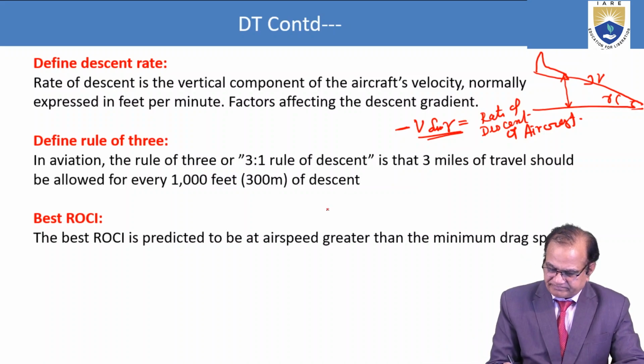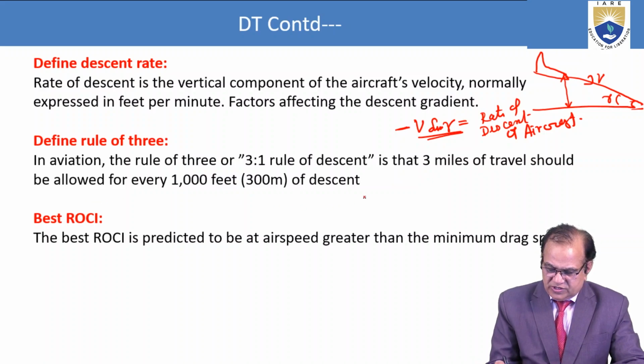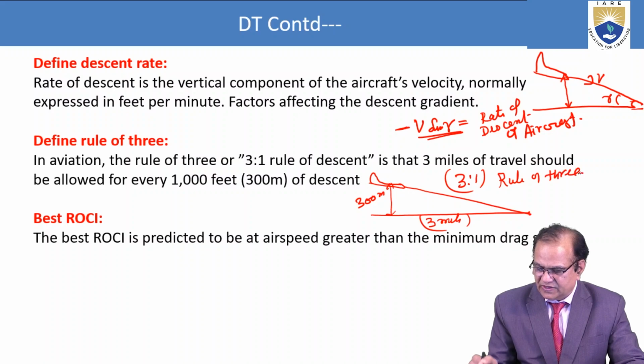So if the aircraft is here and it is descending like this, for every 300 meters, your aircraft should fly a horizontal distance of 3 miles. So this is called the 3:1 rule, or rule of three.